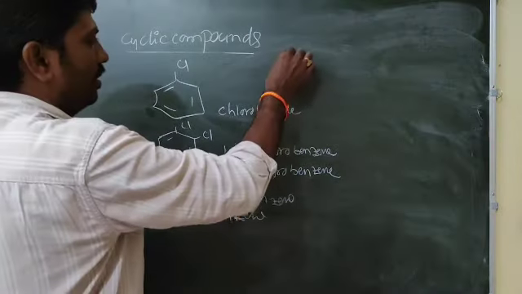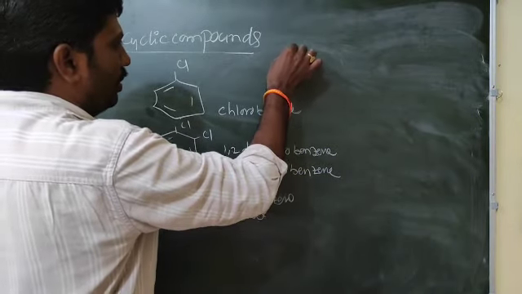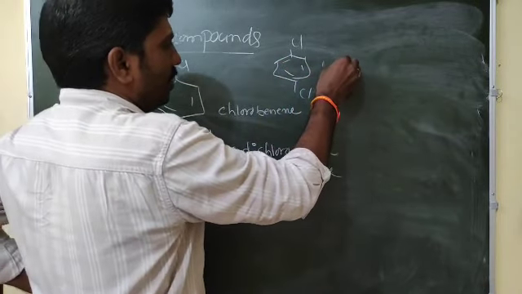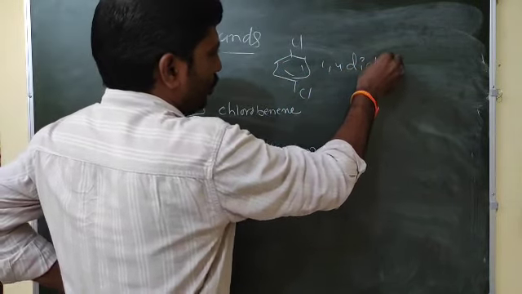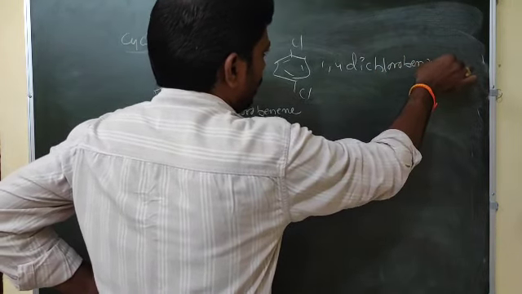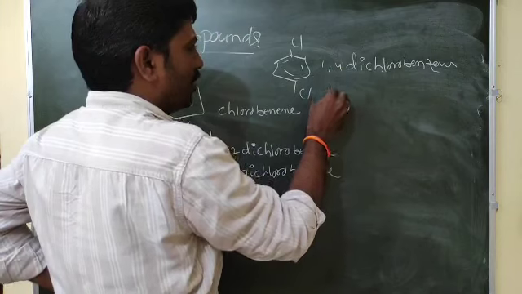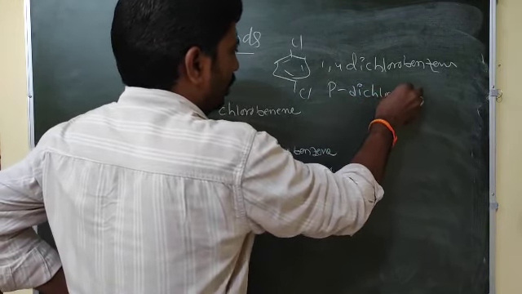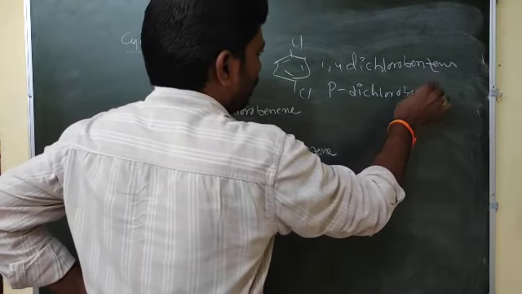Then with Cl and Cl in the 1,4 positions, 1,4-dichlorobenzene, we will call this para-dichlorobenzene.